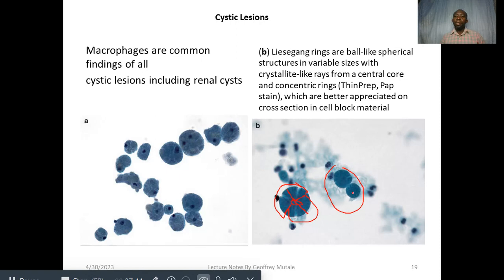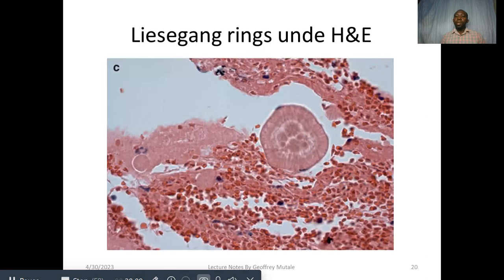In this image I'm not seeing them clearly, but with some images we see concentric rings moving around, like how it may appear in psammoma bodies if we take keen interest in looking at them. So this can be better appreciated on cross section in cell blocks.